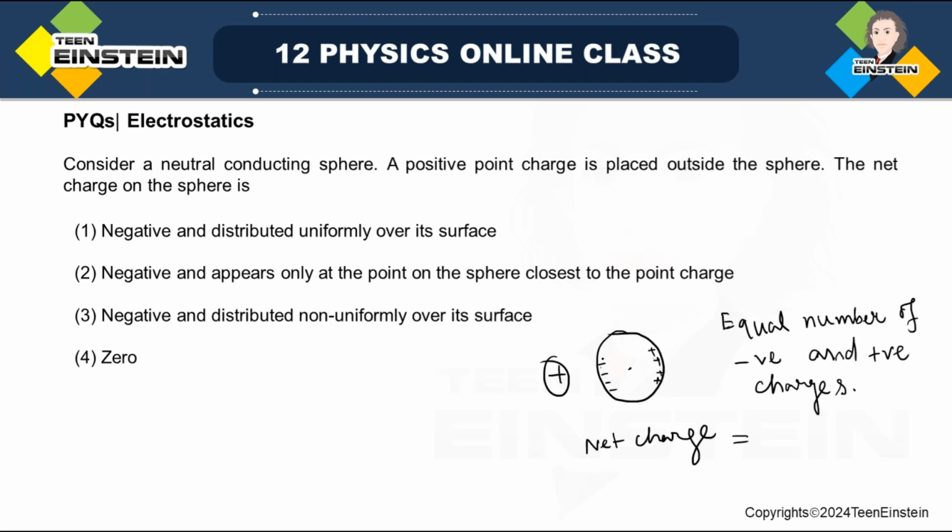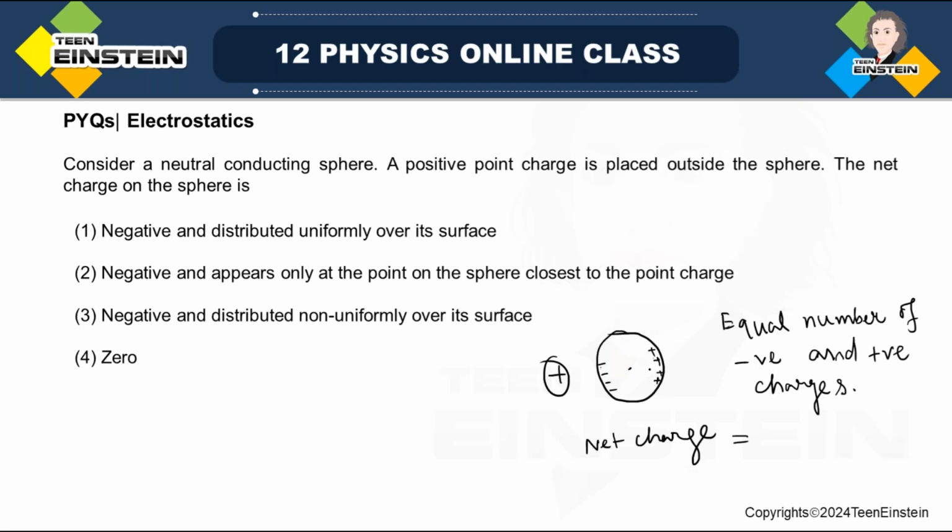The surface near the point charge will have negative charges appearing, and positive charges will just go to the other surface.